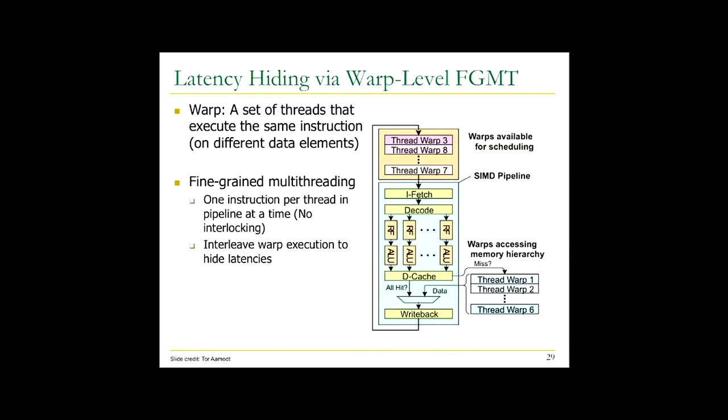It sits there for a while until it gets its data, and then it moves back into the pipeline. So we're treating things at the granularity of a warp, and scheduling at the granularity of a warp. You're fetching at the granularity of a warp, and you're waiting at the granularity of a warp.